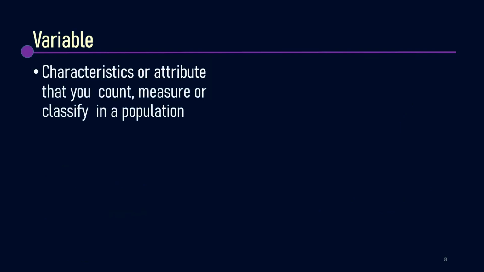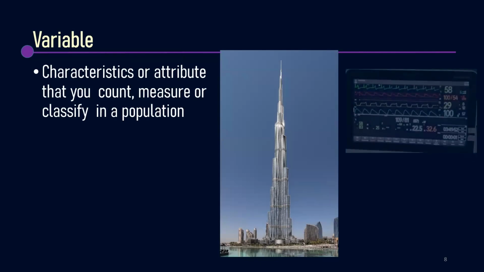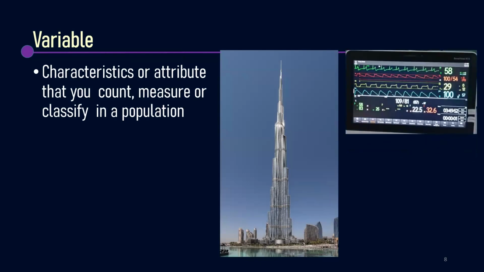Let's talk about the variable. A variable is a characteristic or attribute that you count, measure, or classify in a population. Sometimes people get confused about what is a variable and what is data. This is what a variable is. For example, the height of the Burj Khalifa is a variable. If you see this monitor in the ICU or operation theater, all the vital signs that are recorded are also variables, like pulse rate, blood pressure, respiratory rate, oxygen saturation.